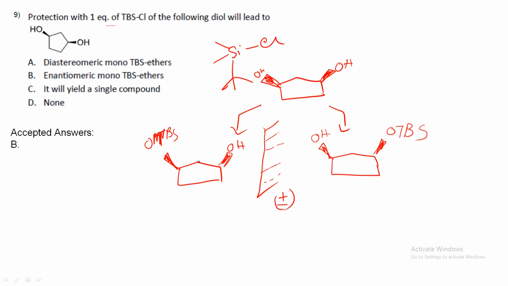If we rotate and want to go back, it would be again this one below. So they are not homomers. They are enantiomers. So the right answer would be enantiomeric monoprotected. They are not diastereomers, not the same homomer.